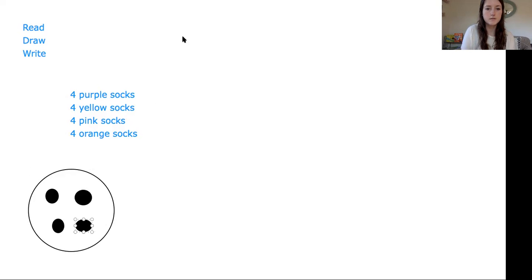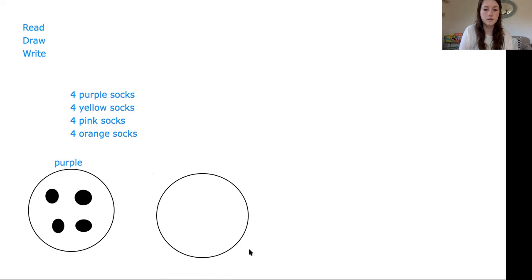I'm going to label this with the word purple so I know that these are her purple socks. Okay, now I'm going to draw another group for her yellow socks. Yellow, 1, 2, 3, 4. I'm going to label it with yellow.